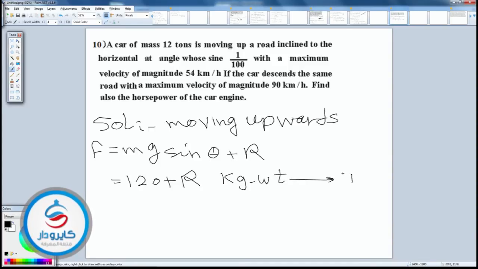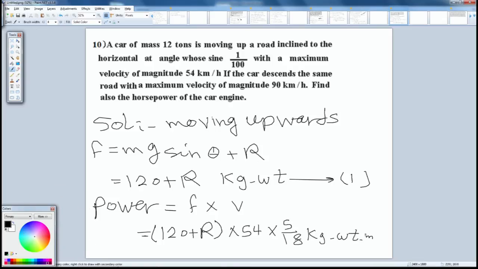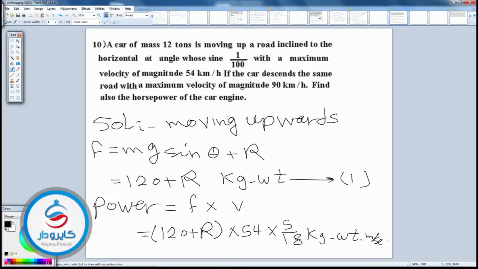This is number 1. Power equals F by V equals 120 plus R by 54 by 5 over 18 kilogram dot weight dot meter per second.